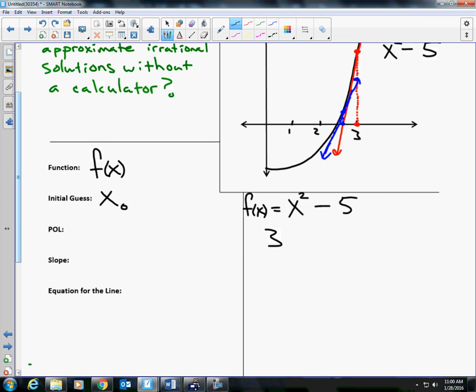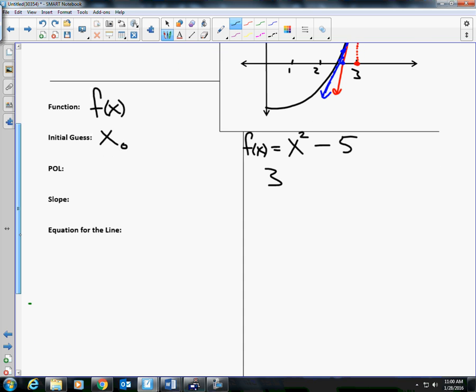Okay. So once I guessed 3, what did I then do? I came up with a point on the curve, which ended up being on the line. So point on the curve. How would you come up with that point on the curve? 3 is your x value. How would you get the y value? You plug it in, and you get 3 squared is 9 minus 5 is 4. So the point on the line, what will be the x value for the point on the line? x sub 0.